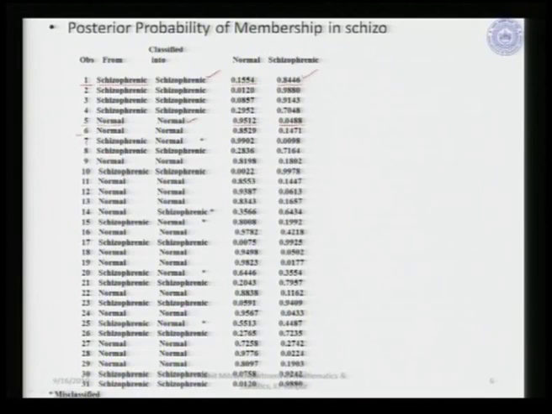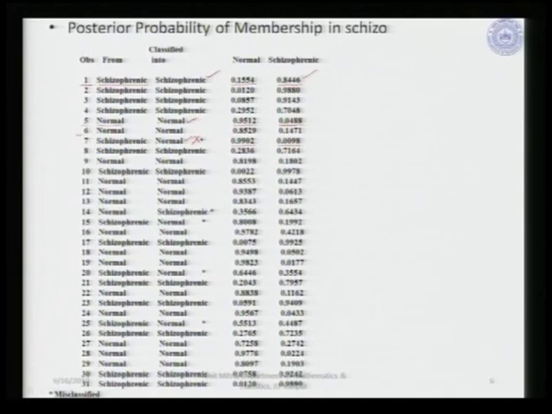Now, in the case number 7, there is a schizophrenic patient, so the class membership is schizophrenic, and we have the posterior probability of the normal individual category as 0.99, and in the schizophrenic category the posterior probability is 0.0098, and since this is higher, we classify it as coming from a normal category of patients. However, that is a misclassification.